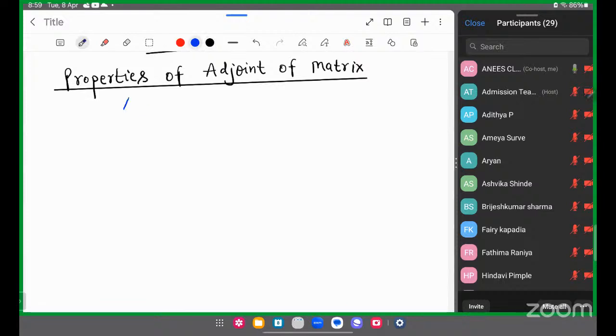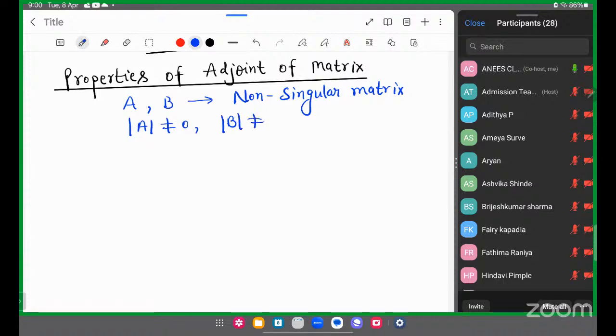So we have two matrices, A and B, which are non-singular. Matrices A and B being non-singular means the determinant of matrix A is not 0, the determinant of matrix B is not 0, and the inverse of matrix A and matrix B exists.